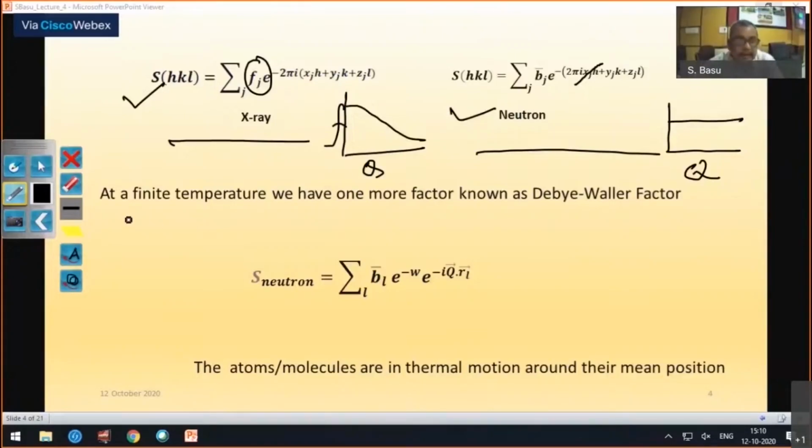At finite temperature, we have one more factor which is known as the Debye-Waller factor. This is because the atoms and molecules are in thermal motion around their positions, and this thermal motion affects the intensity of the Bragg peak, and how it affects that I will come to shortly.